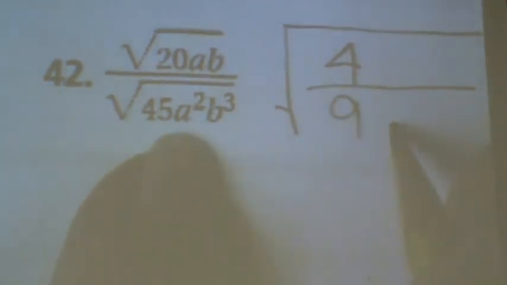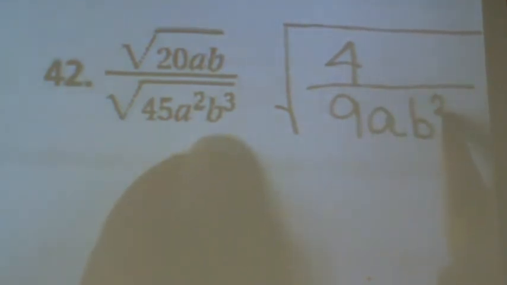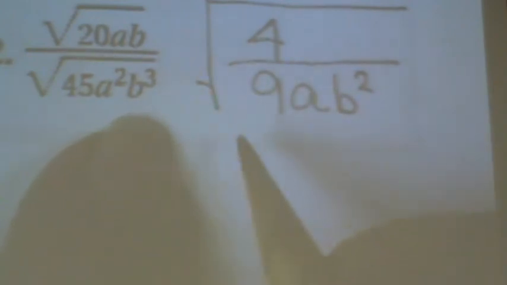42. What could you simplify this problem to be? What goes into 20 and 45? 5. So you've got a 4 here and a 9 here, and an a on the bottom and a couple of b's on the bottom. Now, this is a square root. Do you know the square root of 4? It's 2.